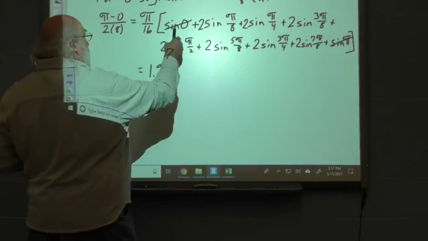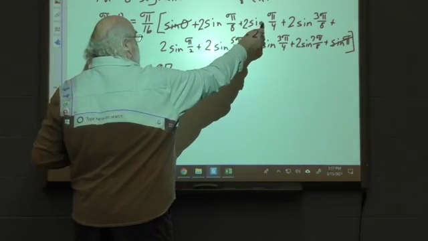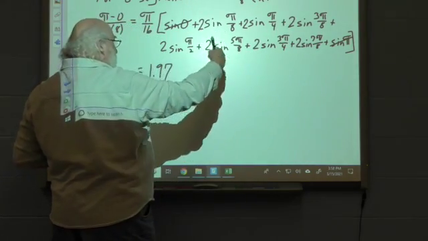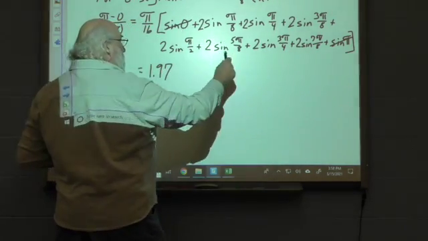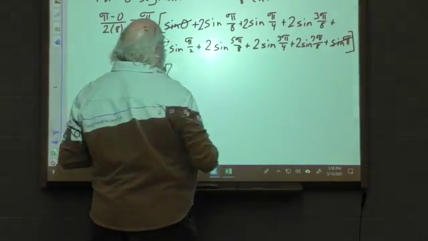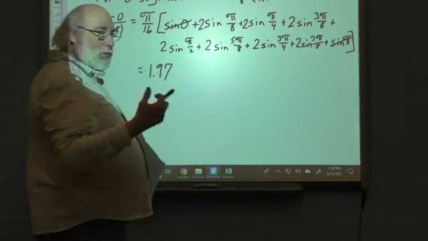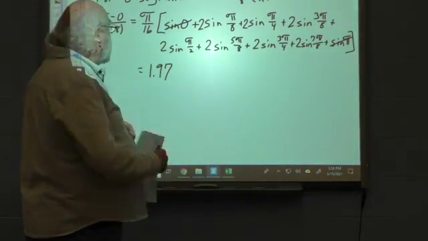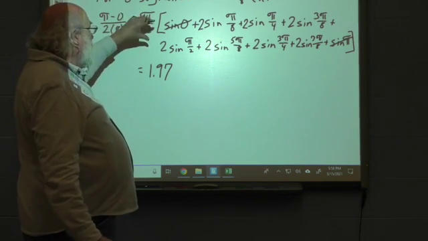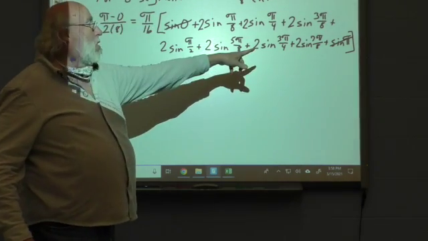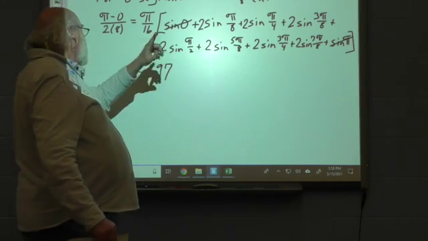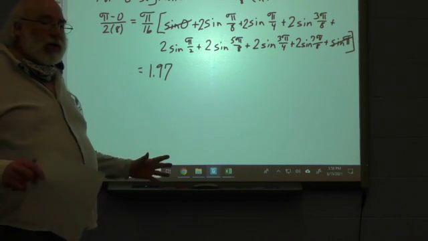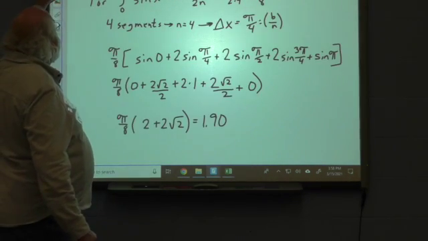So this would be sine of 0, 2 sine pi over 8, 2 sine pi over 4, 2 sine 3 pi over 8. You see we increase by pi over 8 each time until we end up with sine of pi over here. Now I cross out the sine of 0 because it's 0, and the sine of pi because that's 0, and then you just hit pi over 16 times parenthesis, all that, close parenthesis, and you get 1.97. Okay? That is the trapezoidal rule.